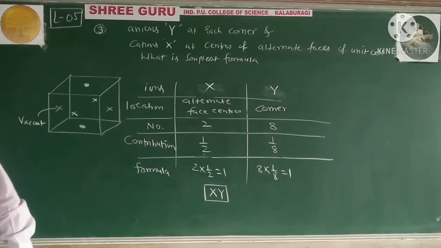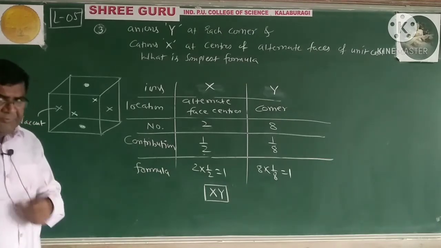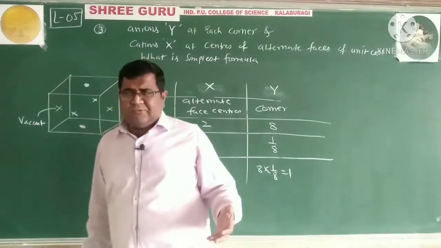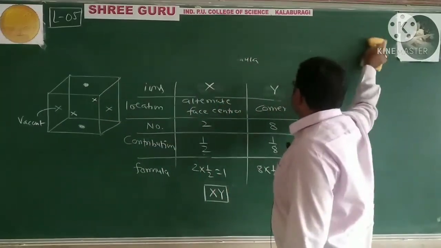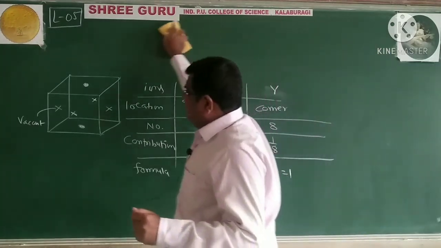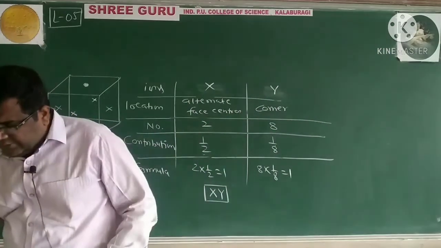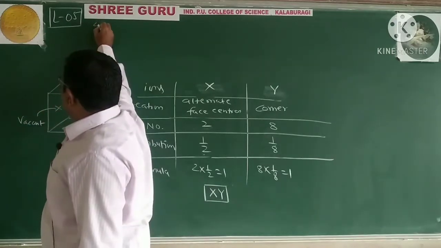We'll take more questions so that every possibility is covered. You can see that every question is different. So that's the way we should solve the questions. Now we are dealing with the fourth question.